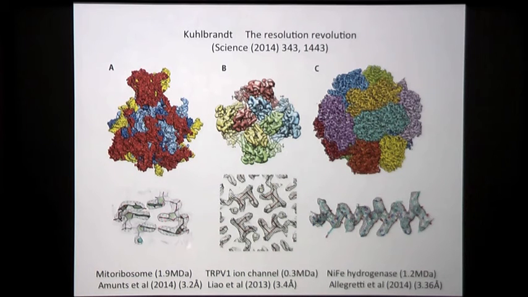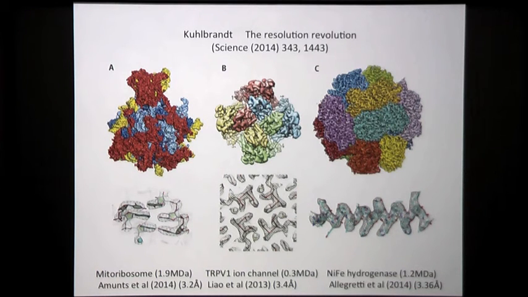And we're going here from the ribosome subunit at 1.9 megadaltons, this hydrogenase at 1.2 megadaltons, and this ion channel is only 300 kilodaltons. And I think this currently is the smallest published structure from single particles at quasi-atomic resolution. So here they're claiming 3.2, 3.4, 3.36 angstroms.